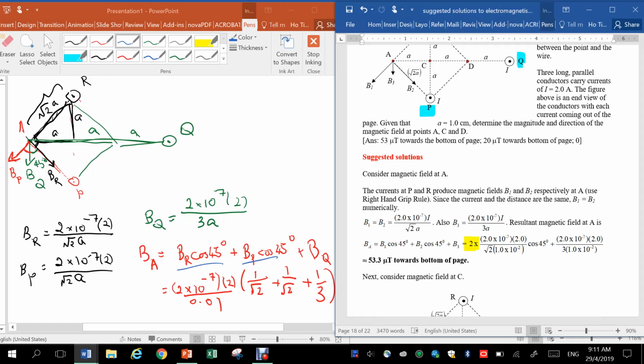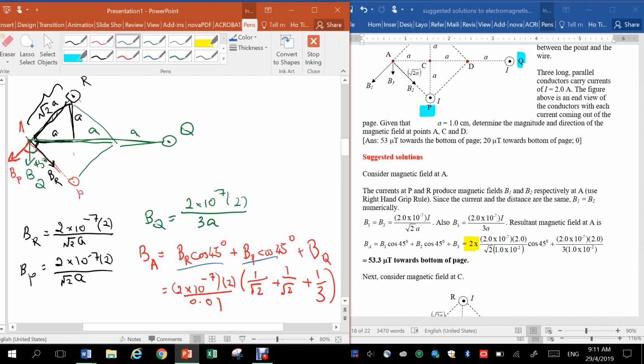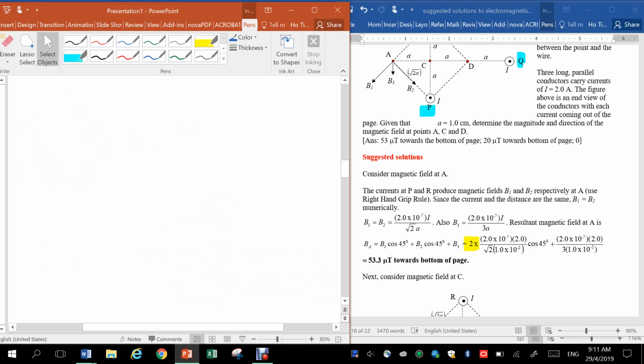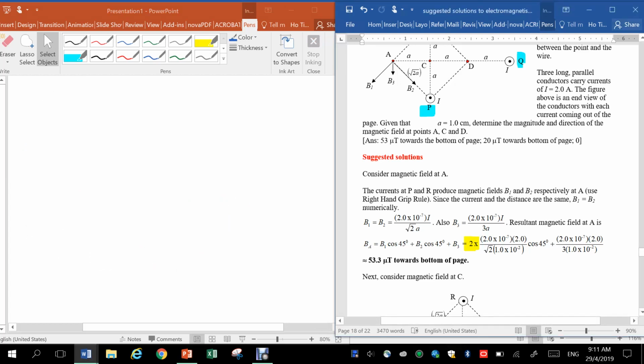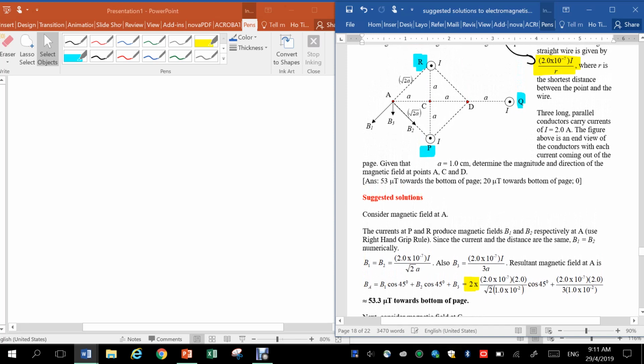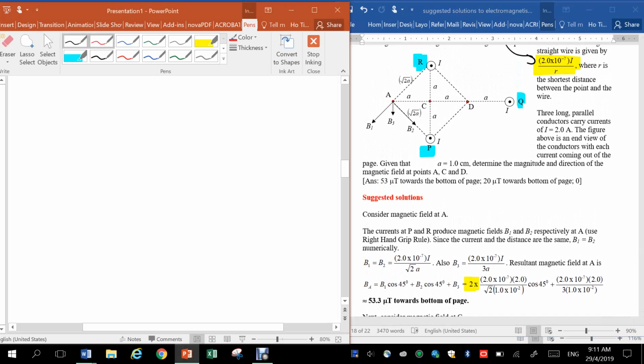We are then asked to find the B field at C. B field at C is actually interesting. Let's repeat the same things that we have done. R here, and the distance A away.